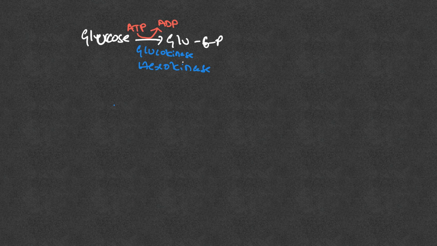Now let's move on to see what the next important reaction in glycolysis is. I will be concentrating only on the important reactions, and for the other reactions I won't go into details. Glucose 6 phosphate undergoes a reversible reaction to become fructose 6 phosphate. Then fructose 6 phosphate is converted into fructose 1,6 bisphosphate.